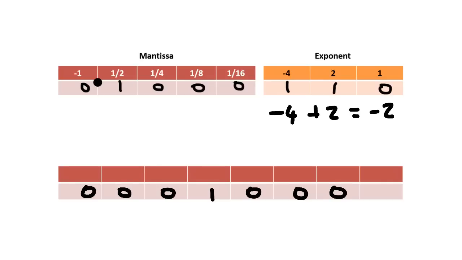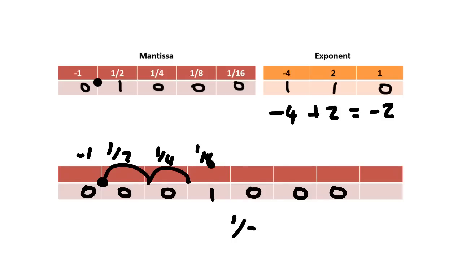And our binary point started here. But it's going to move 2 places to the left. So now we're in a position where that represents -1. That's a half, that's a quarter, and that's an eighth. So this number is actually 1/8 in binary.